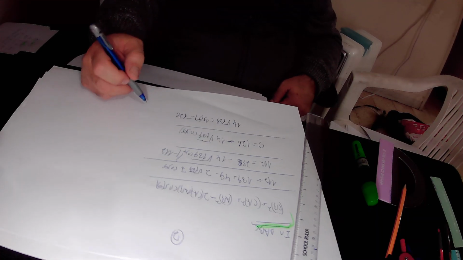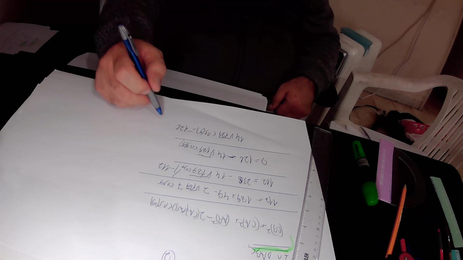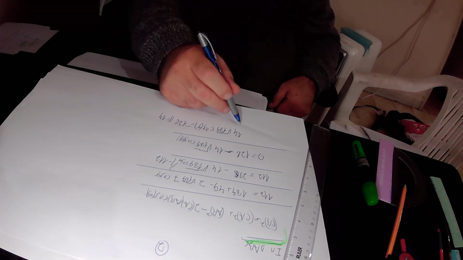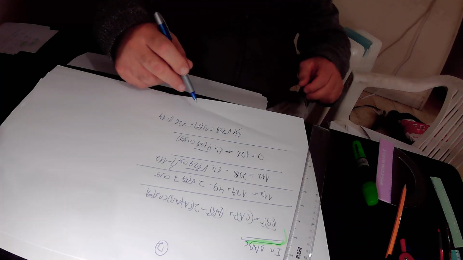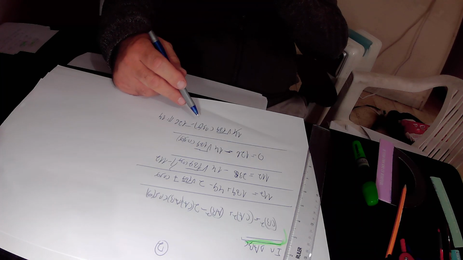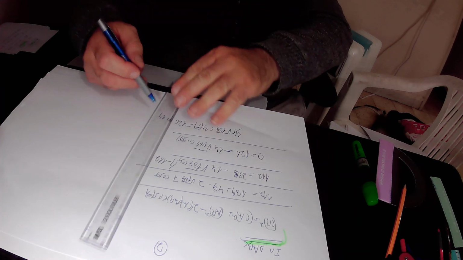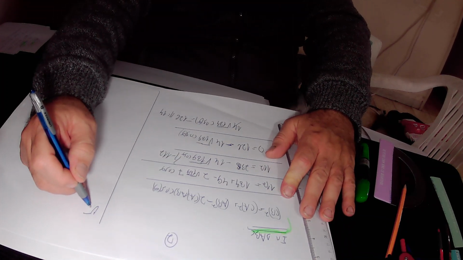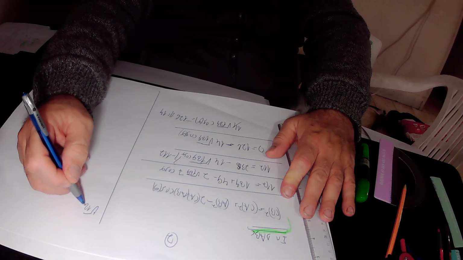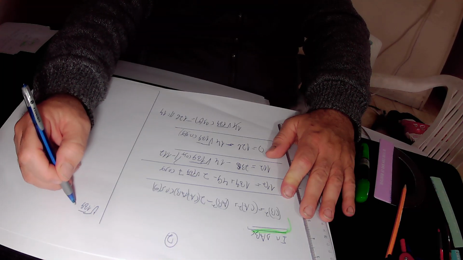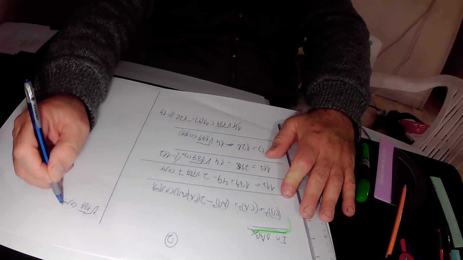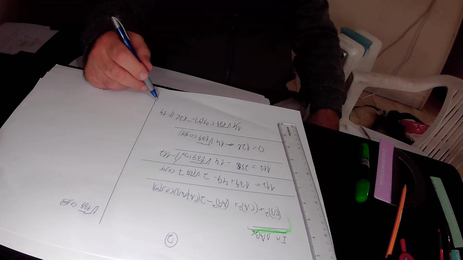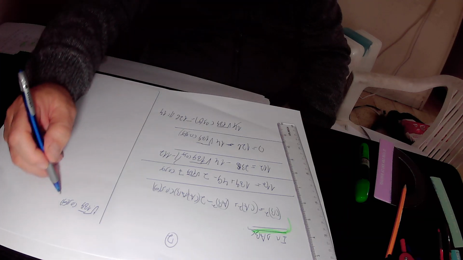Here we divide this equation by 14, and the 14 gets cancelled. So on this side of the equation we are left only with square root of 189 times cosine alpha. On the other side we have 126 over 14, which is 9.